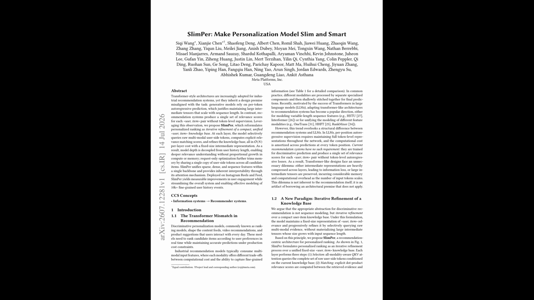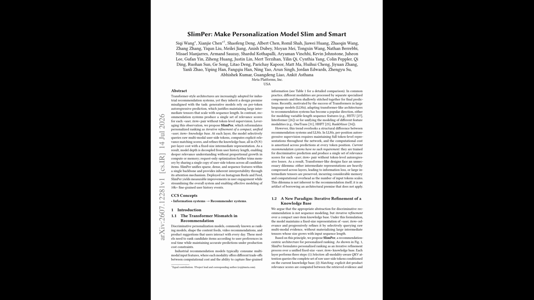rather than a summary you pass down a chain where each person only sees the previous summary. Second, what's actually happening in the matching step with these templates, and why is that different from standard attention? Standard attention aggregates values weighted by query key similarity, producing a soft mixture of evidence. SlimPer does that too in the selection step, but then it adds an explicit second step where the retrieved evidence is dotted against a separate set of learned template vectors.